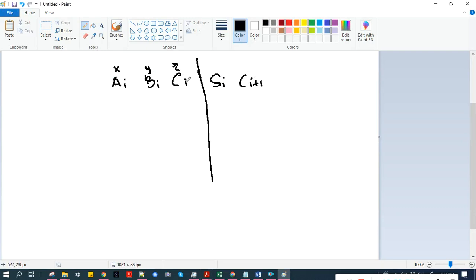So don't get confused with the notation, especially for Ci and Ci+1. Let's write down Ci+1 and Si here. This corresponds to C and this corresponds to S from our previous discussion of the full adder, but we add the subscripts i and i+1 since we will be adding more bits.